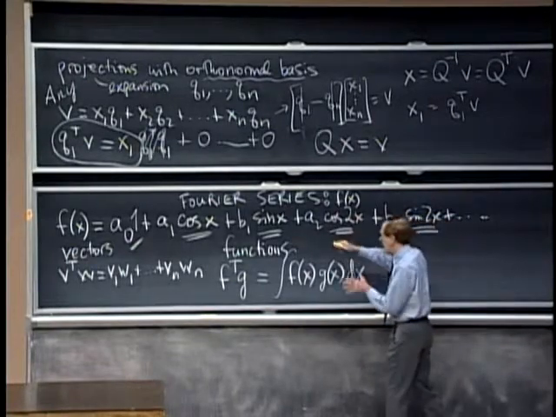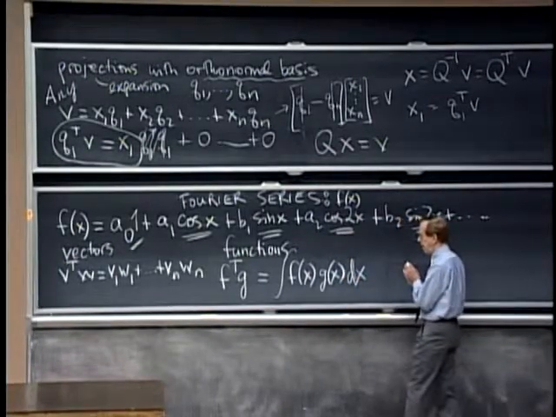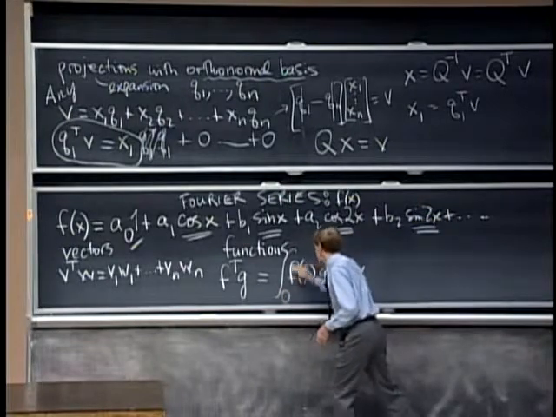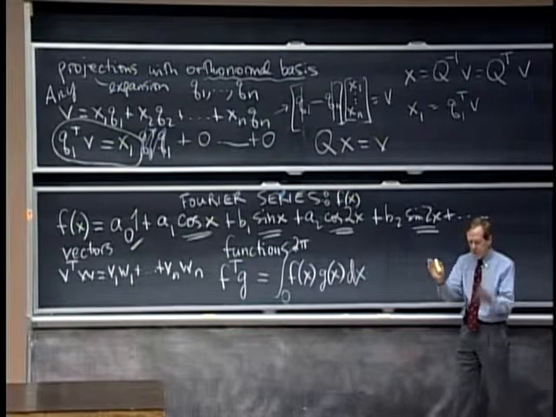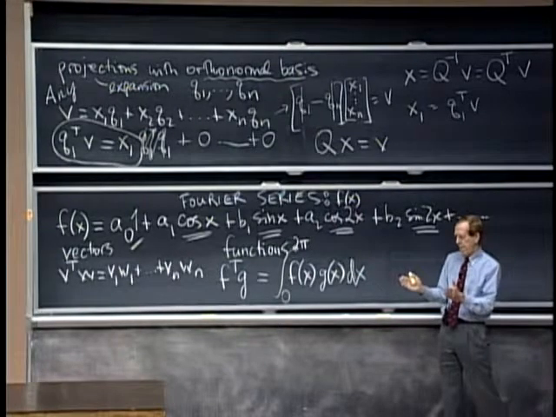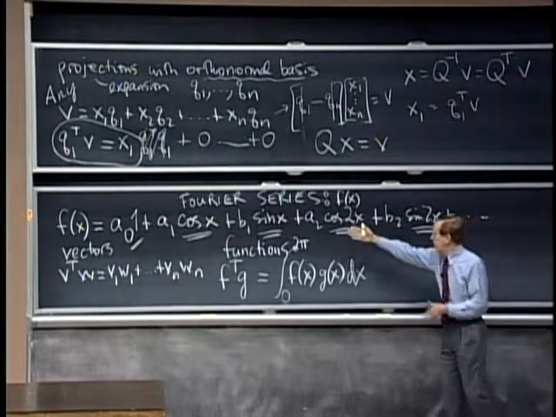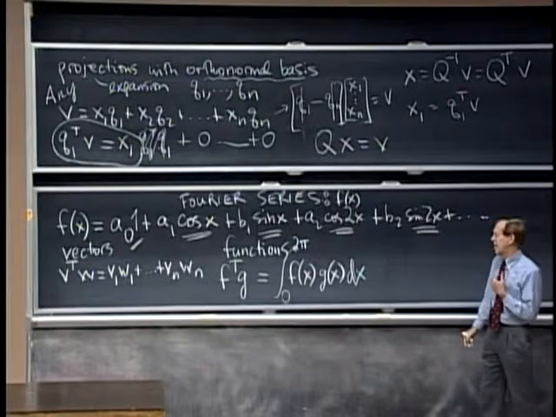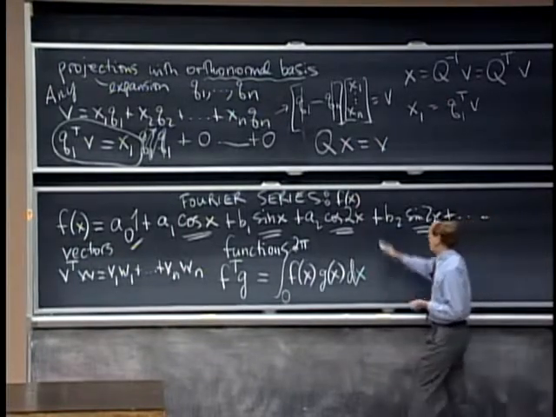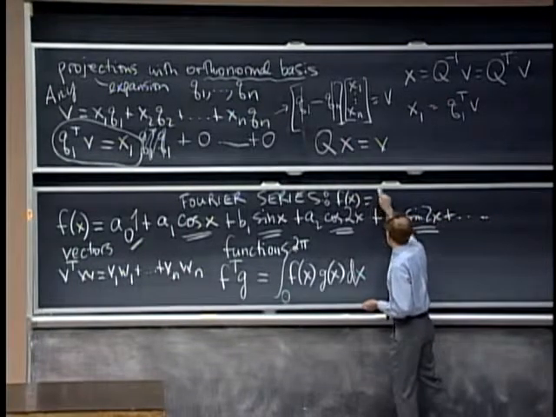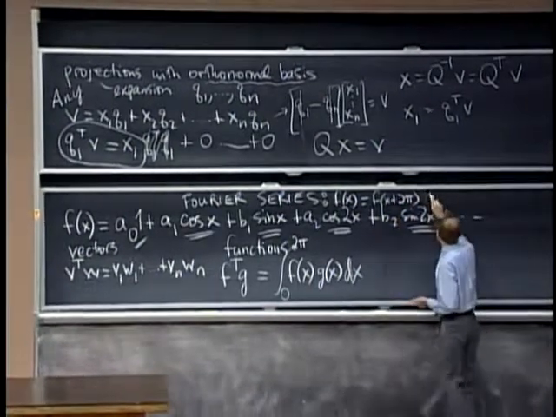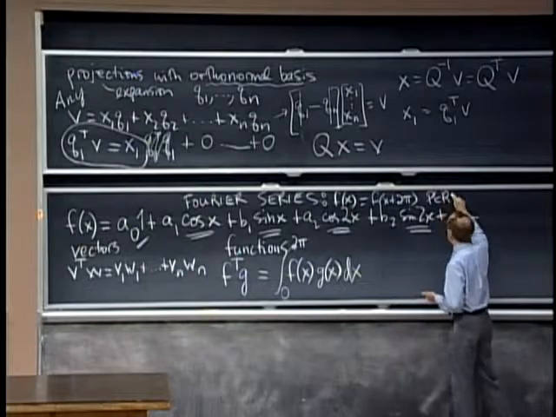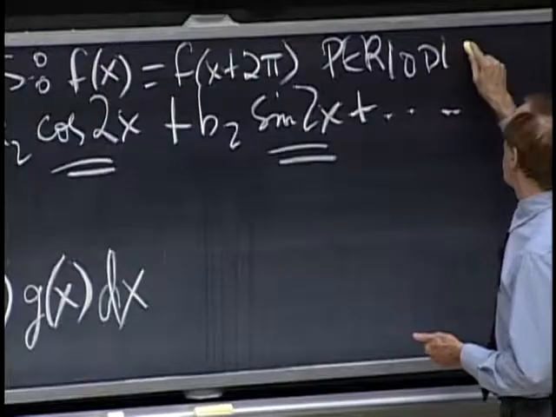So that's what f of x had better be. So I'll integrate from 0 to 2 pi. Everything is on the interval 0, 2 pi now. Because if I'm going to use these sines and cosines, then f of x is equal to f of x plus 2 pi. This is periodic. Periodic functions.